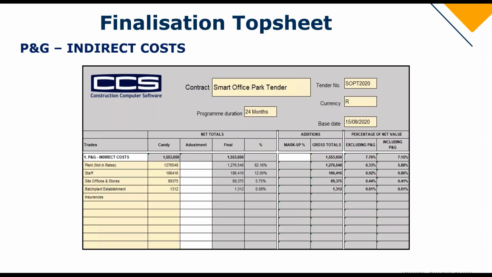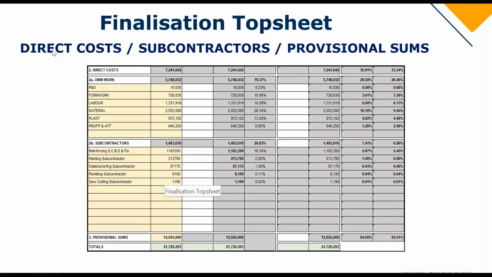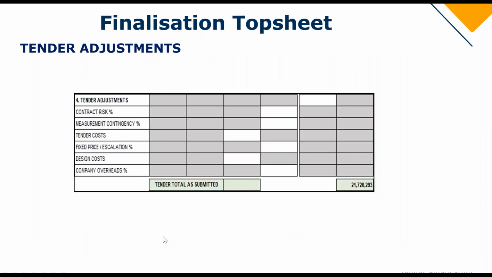So I will now show you the top sheet. Firstly, it comprises your indirect costs. It then gets broken down into your direct costs, your subcontractors, and your provisional sums to give you a value.